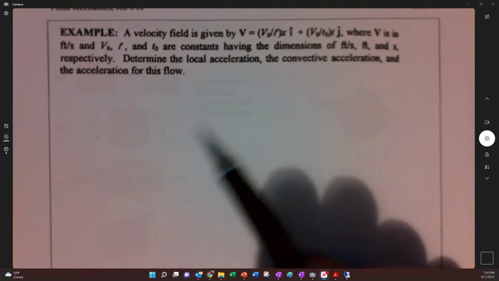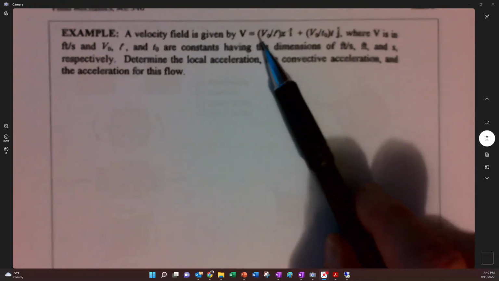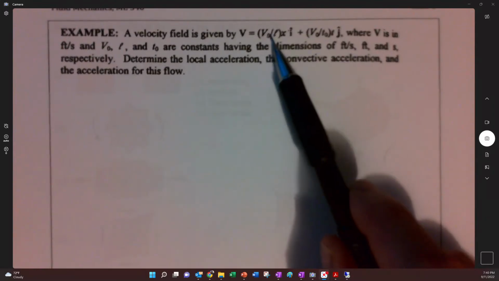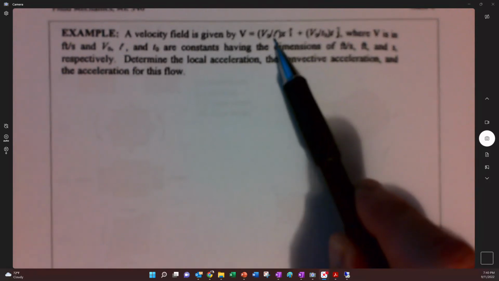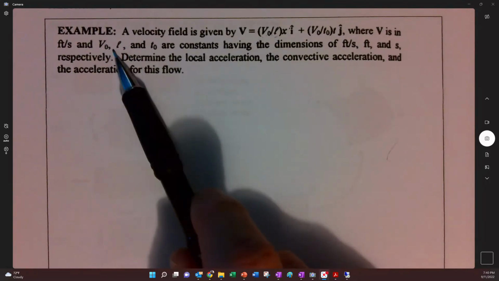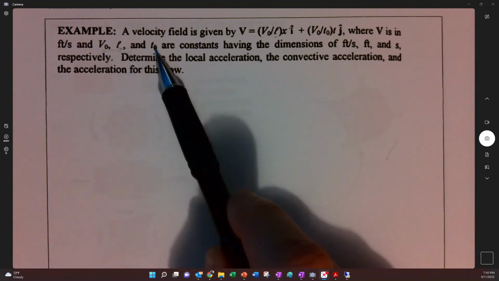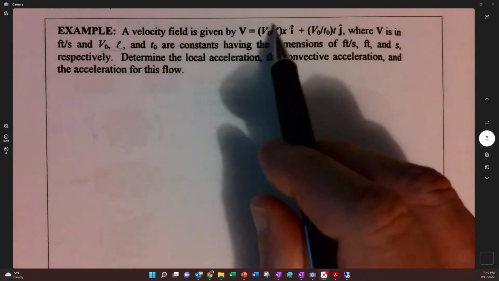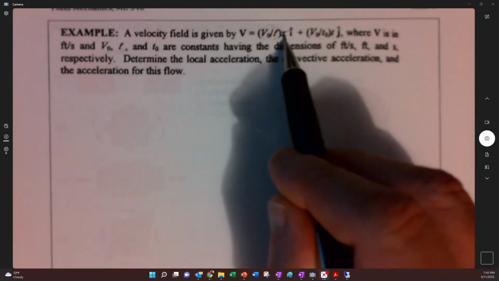So there's a velocity field that's given by this. All right, so it's given by the initial velocity, or some constant V0, divided by, I think this is a length right here, so some known length L, and these are constants, right? So V0, L, and T0 are all constants, but it's these two constants multiplied by x, which is a variable.